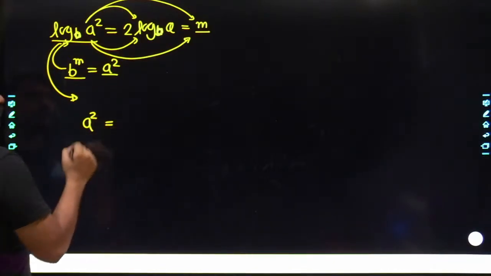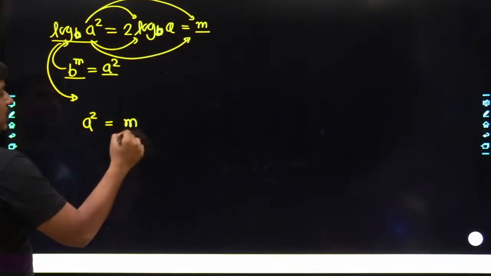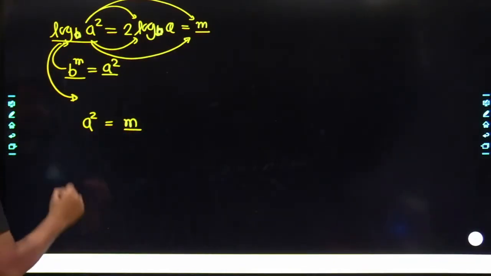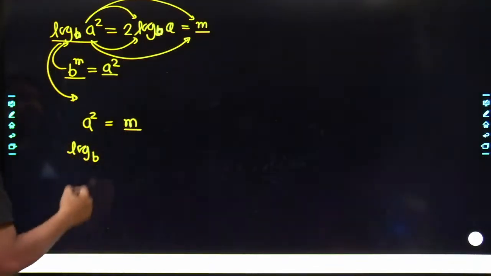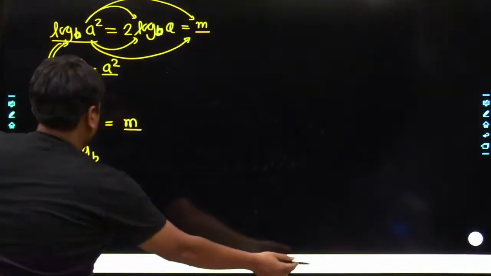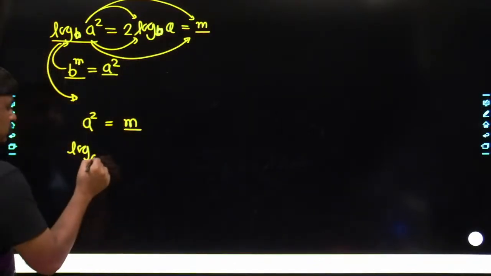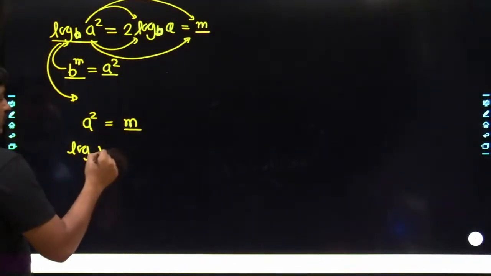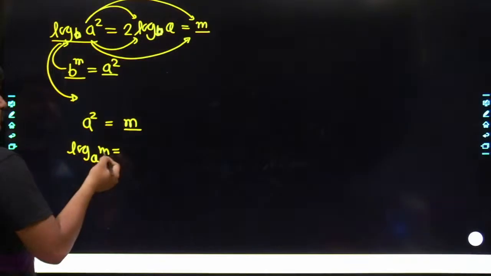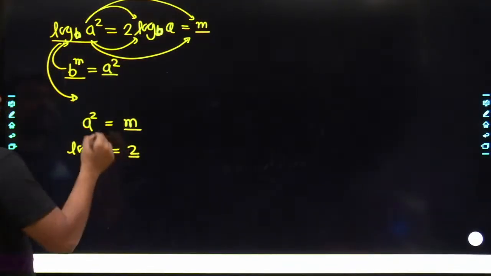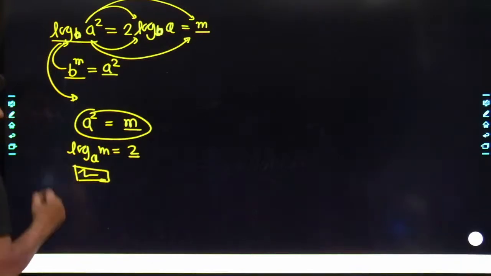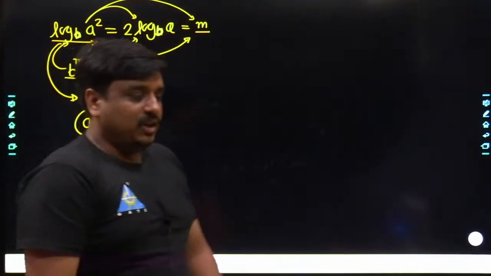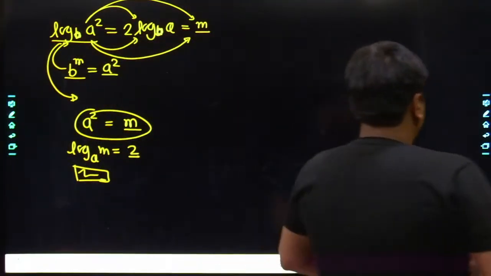A to the power of 2 has been taken as m. So what I am going to do here, log base a of m is equal to 2. Obviously this could be written as log base a of a square equals 2. Till this point, probably each and everything must be clear to all of us.